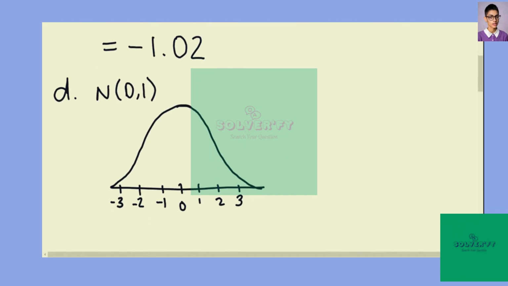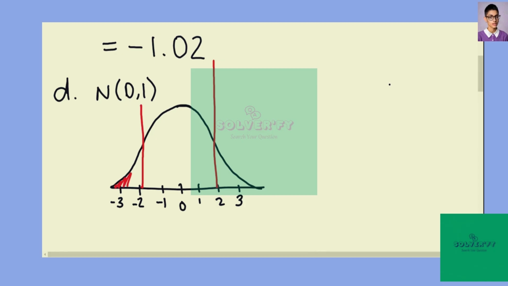Let's draw in our critical value first. I'll make that red. We have a critical values of 1.96, and really close to -2.